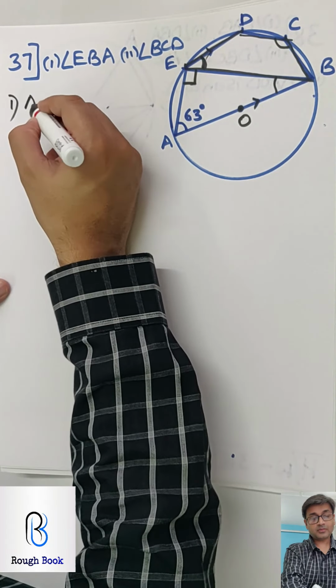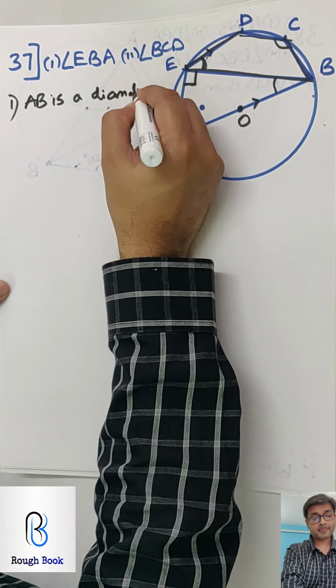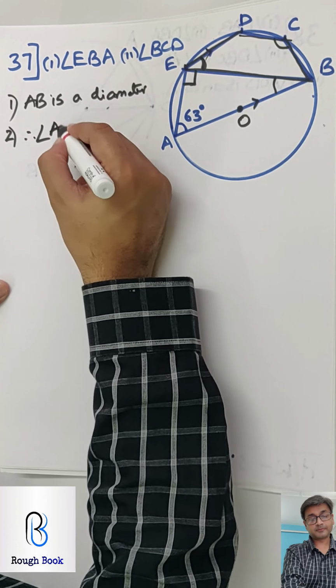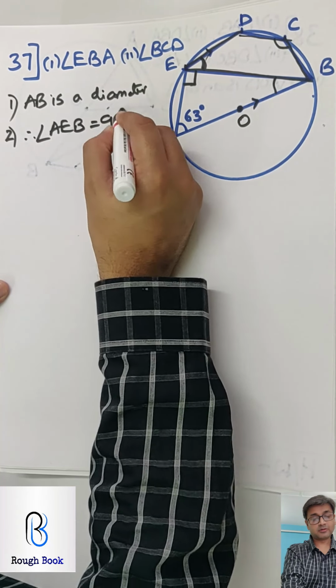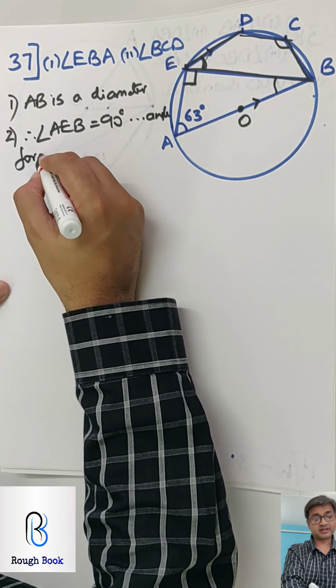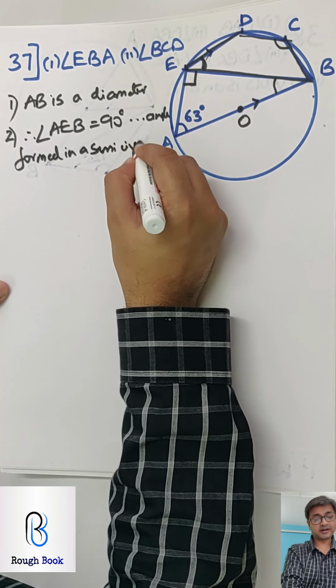Number 1, AB is a diameter, and therefore angle AEB is equal to 90. The reason will be angle formed in a semicircle is a right angle.